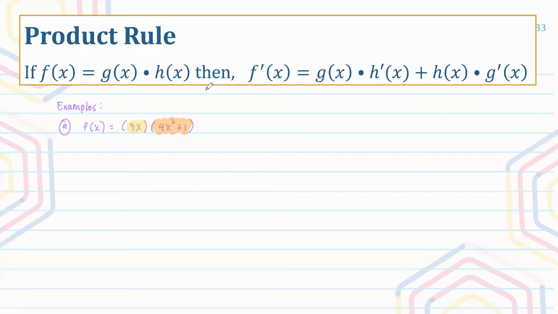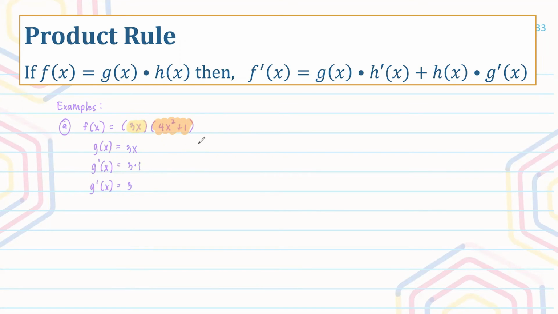All right, so writing now, g of x here is equal to 3x. So find the derivative of g of x. We have the constant multiple rule, so you have 3 times the derivative of x, which is 1. So 3 times 1 is equal to 3, and that's the derivative of g of x.